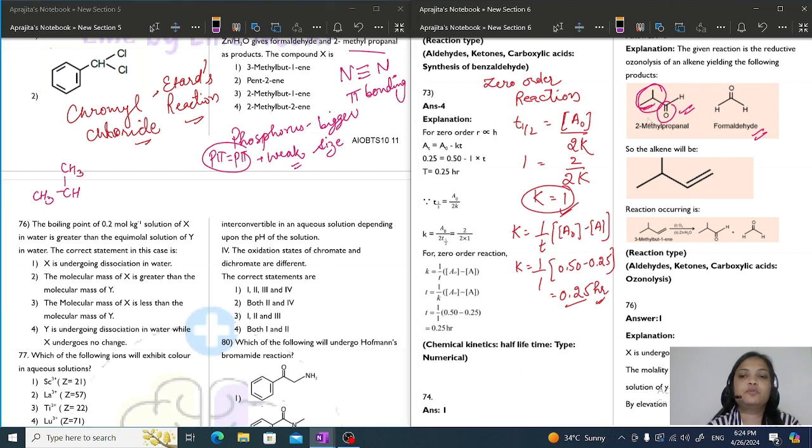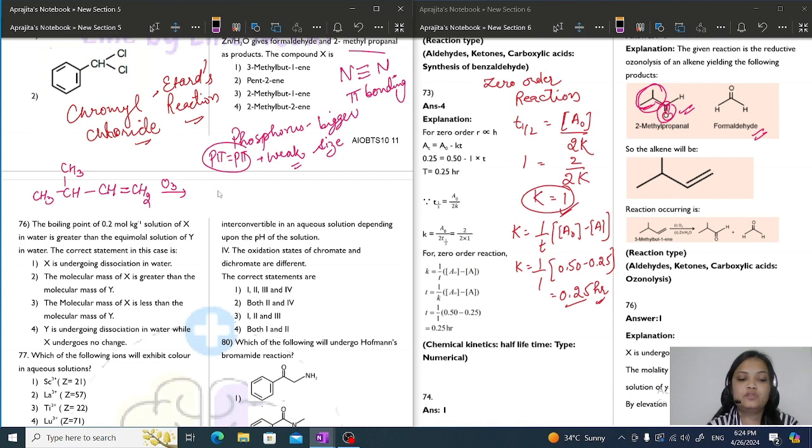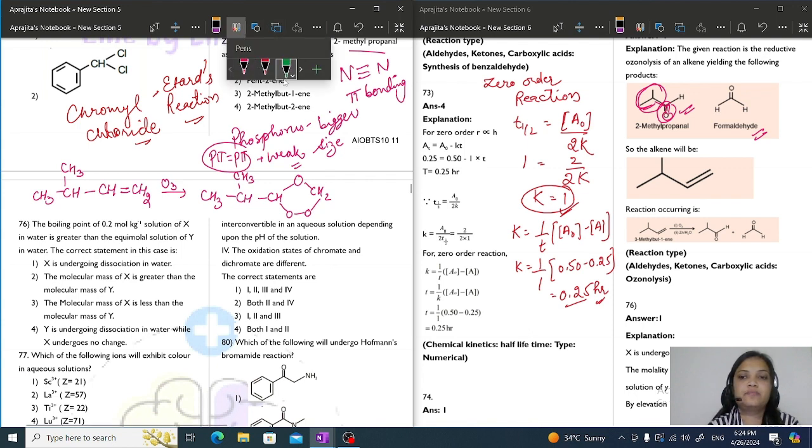So this isopropyl group is there. Now there would be another carbon and then there is this double bond, so that is CH and double bond CH2. So this will be our alkene because when ozonolysis happens, we will get this reaction intermediate. And then after hydrolysis, this will break like this and like this.